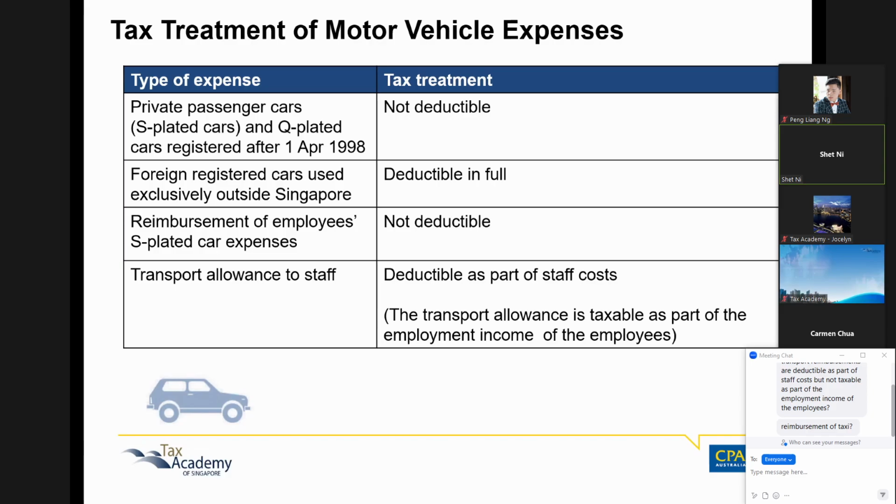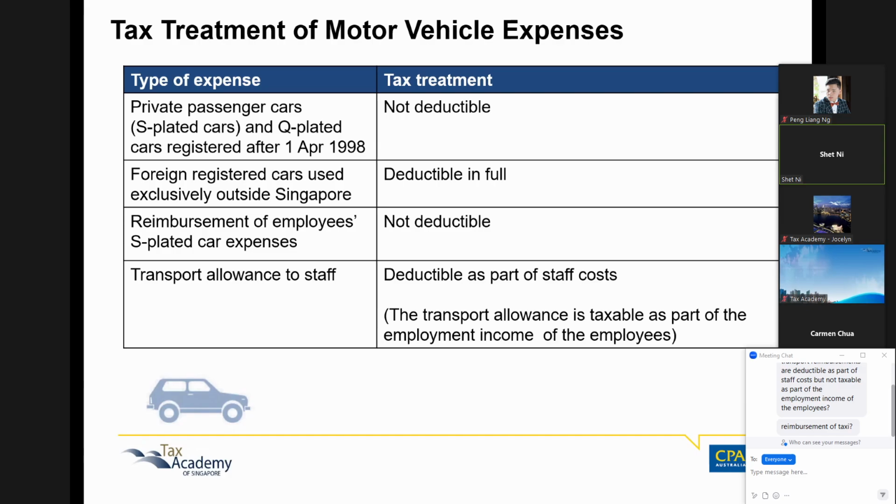But for taxi, usually I prefer you raise your question to unmute yourself. Sometimes I cannot keep track of the chat. But for reimbursement of taxi, generally, if it is for business purpose, then that is deductible. I put it this way so I don't confuse myself: reimbursement of taxi for staff for business purpose is deductible.